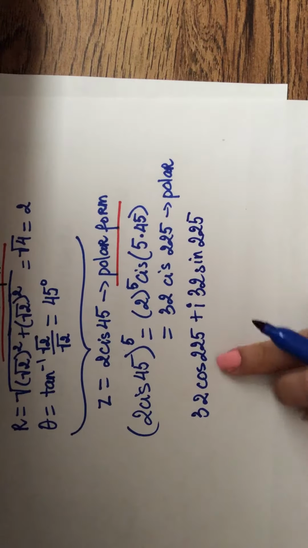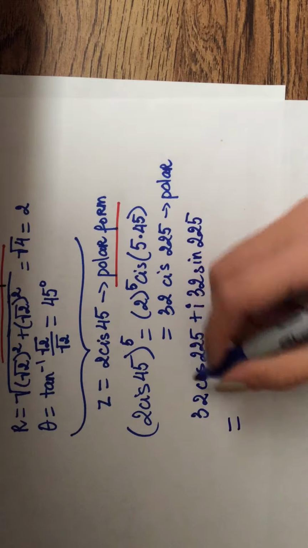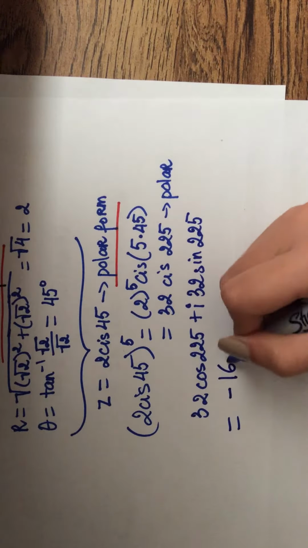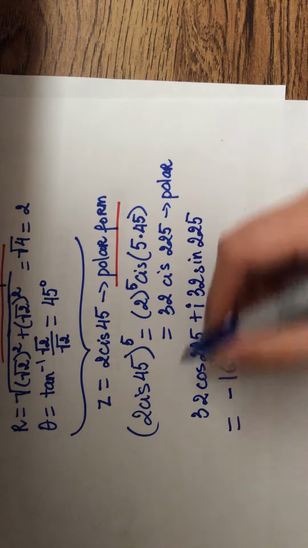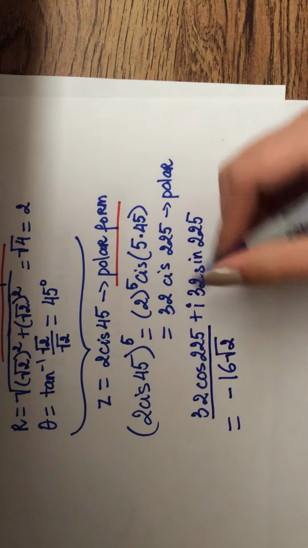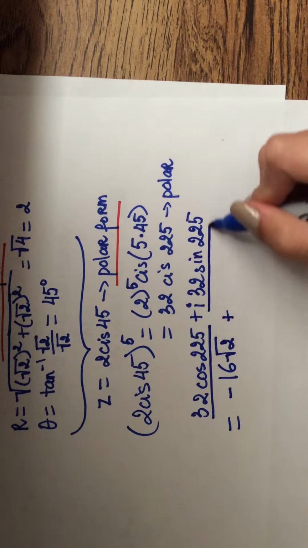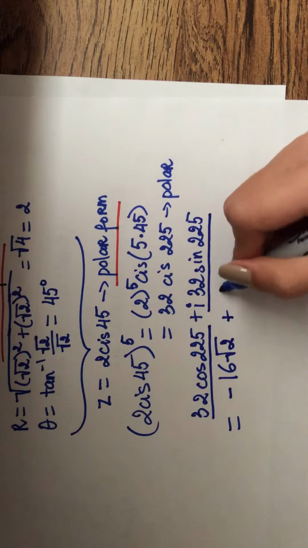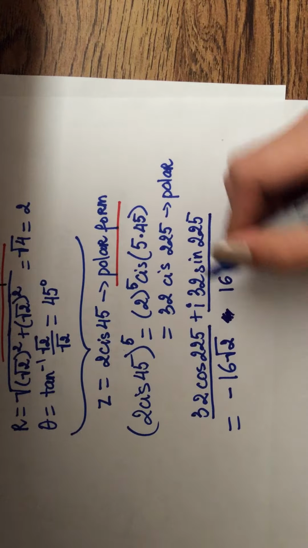If you plug these numbers into your calculator, you will have negative 16 square root of 2 plus the same thing for this part. Oh, I think this is negative, sorry.